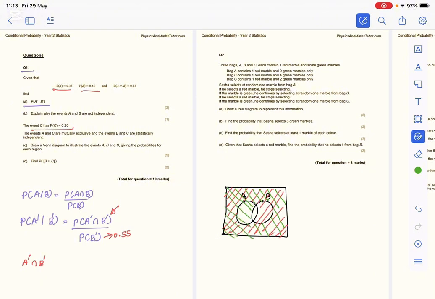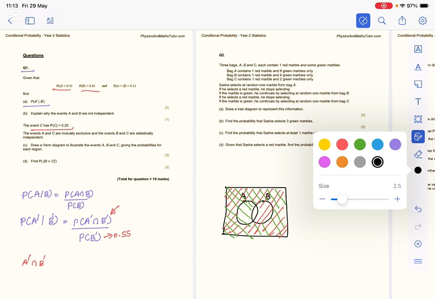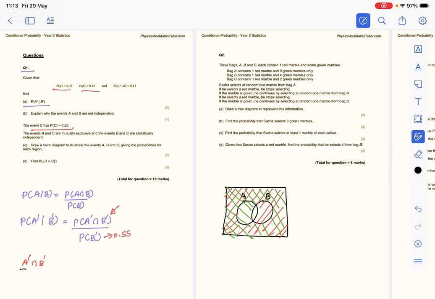Now what they are looking for is the common area for A dash and B dash. Common means you should have colored that area with 2 colors. That means where you see red and green both, that will be the complement of A or B. Why?